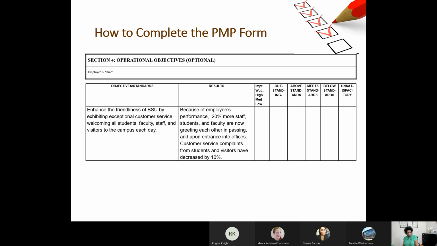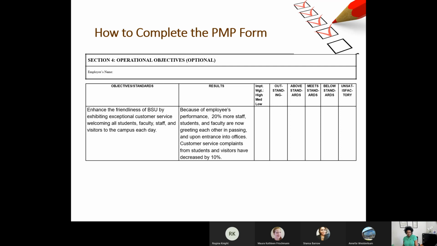So for example, the results may be, now let me say this, the objective standards are written during phase 1, and during phase 3, when you're completing the assessment, you're filling in the results. Okay, that's where you're going to put in the results of how you believe they performed. Because of employees' performance, 20% more staff, students, and faculty are now greeting each other in passing and upon entrance into offices.